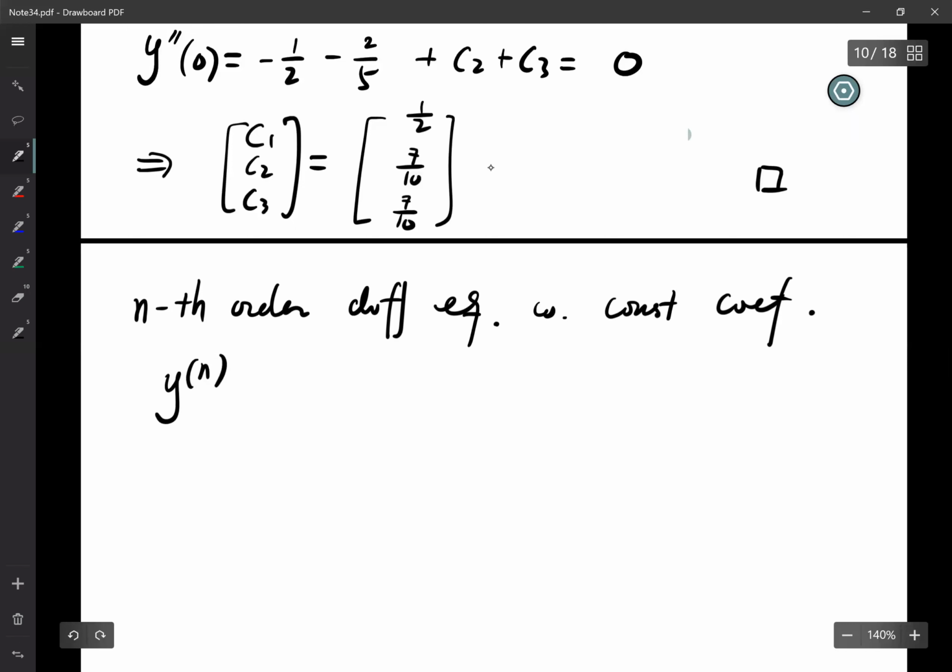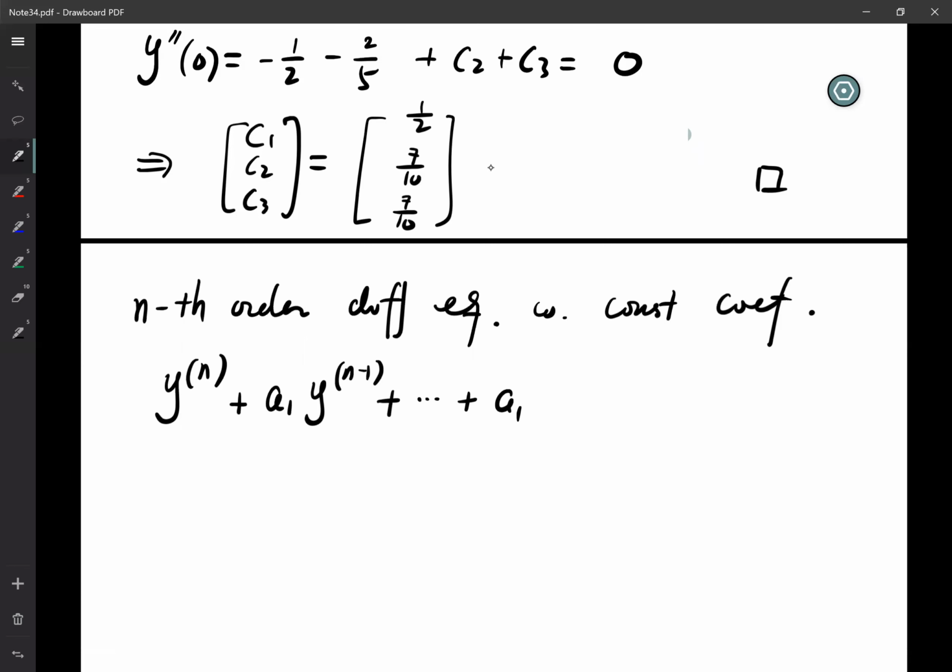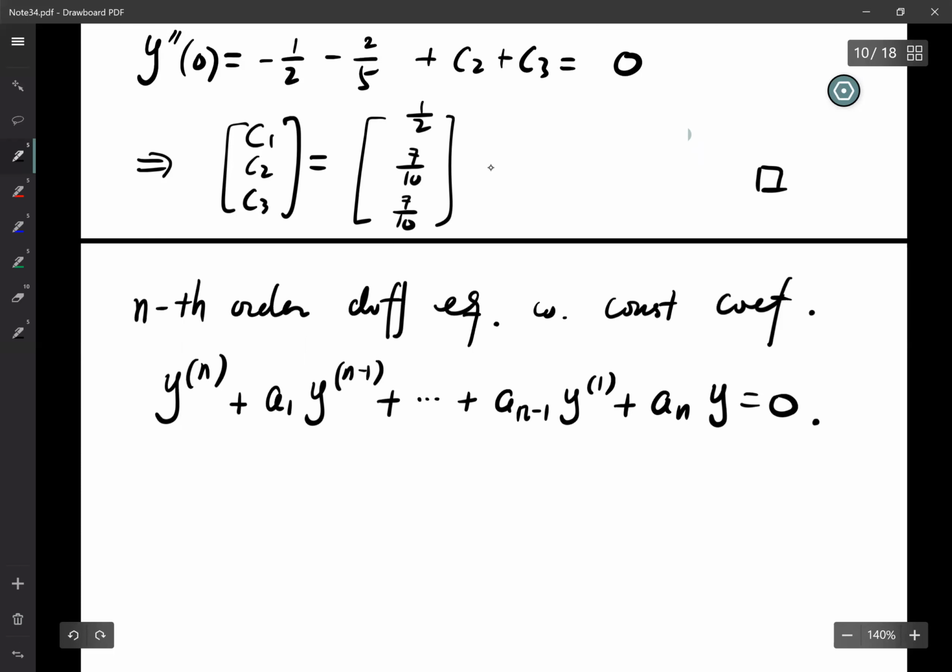Here, parenthesis n means the nth order derivative, plus a1 y^(n-1), all the way to a(n-1) y prime, plus a n y equal to 0.